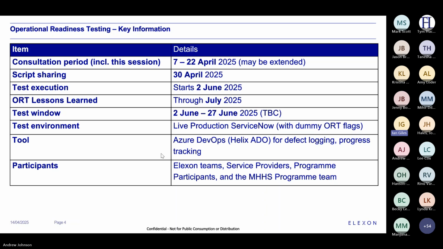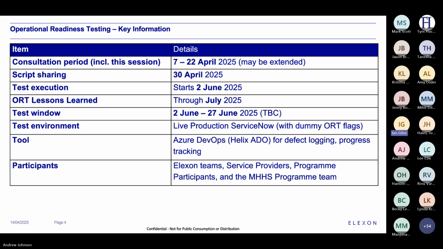And at the moment, we're still tracking to start the ORT on the 2nd of June. Due to the extension of consultation, we're just looking at our planning to make sure that we can actually hit that 2nd of June. Not sure if that may be delayed by a week. We don't know yet, but we are going to try our hardest to keep to that testing phase of the 2nd of June, and the testing will be for 4 weeks.